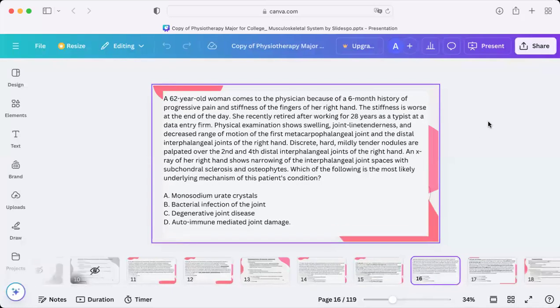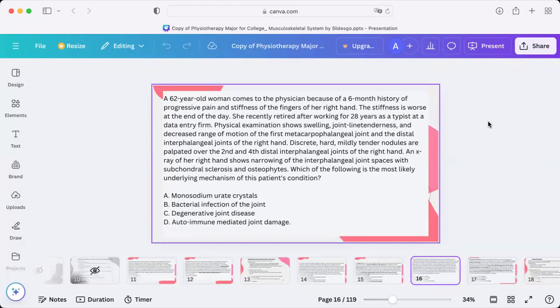Okay. Next question. We have a 62-year-old woman that's coming to the physician because of a 6-month history of progressive pain and stiffness of the fingers on her right hand. The stiffness is worse at the end of the day. She recently retired after working for 28 years as a typist at a data entry firm. Physical examination shows swelling, joint line tenderness, and decreased range of motion of the first metacarpophalangeal joint.